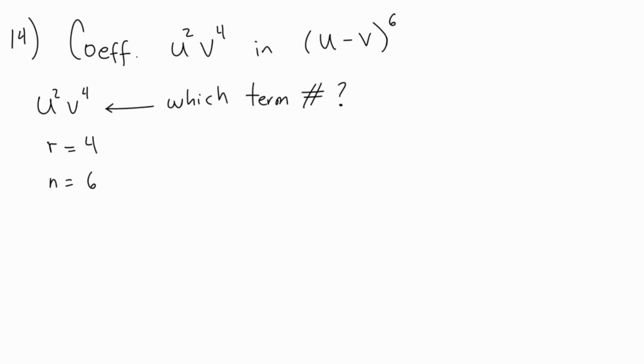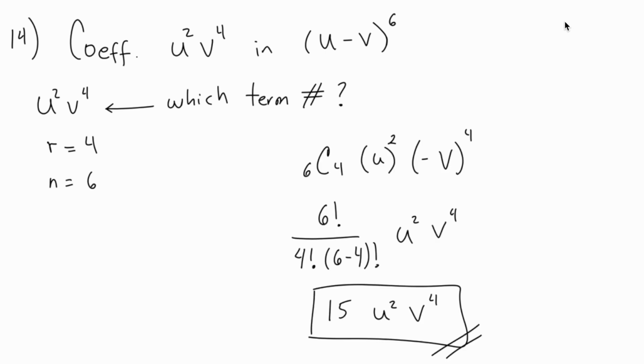And you may be asking now, okay, Mr. Cacho, how do you find n? Oh, n is the power, no? It's the exponent outside of the binomial. So I just need to use the formula again.